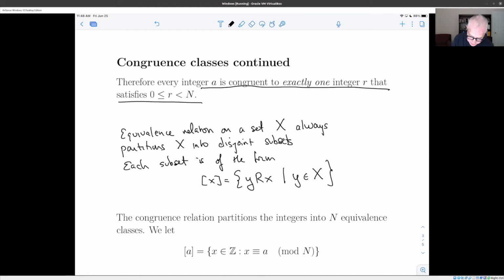So my equivalence relation here is called R. And each of these sets has the property that, first of all, they are disjoint from one another. In other words, the classes of x and z are equal if and only if x is related to z. Otherwise, they're disjoint.